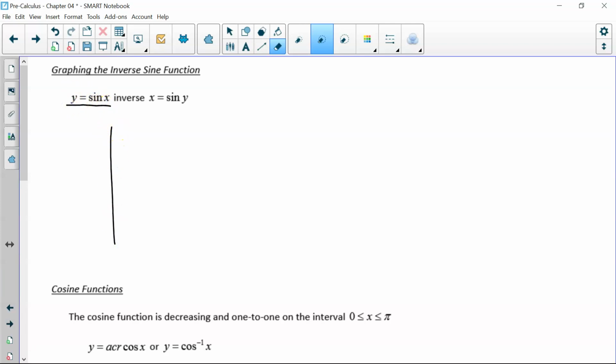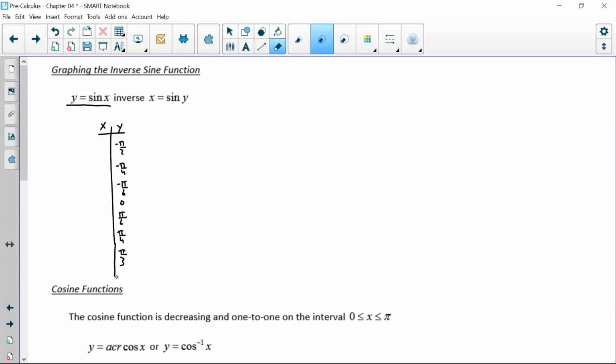Now, all we do to graph this is we put our inputs into our y. So we'd have our negative pi over 2, our negative pi over 4, our negative pi over 6, 0, pi over 6, pi over 4, and pi over 3.